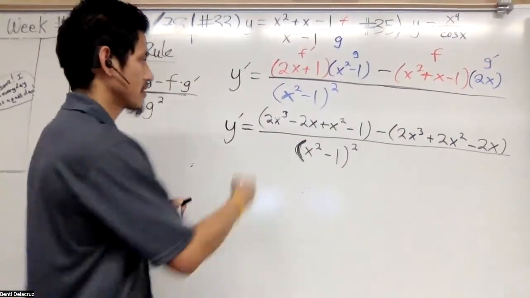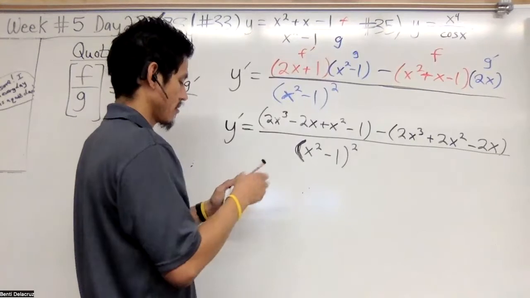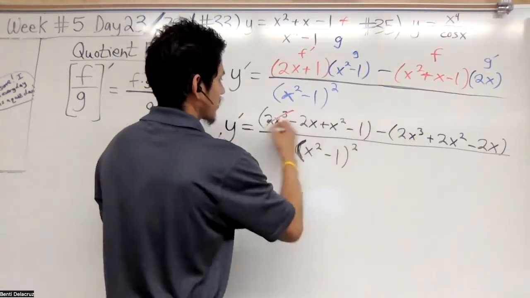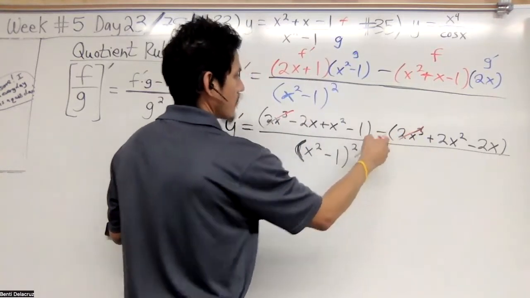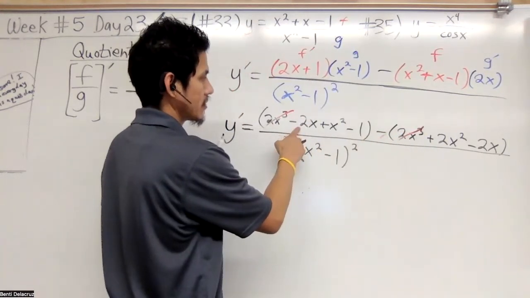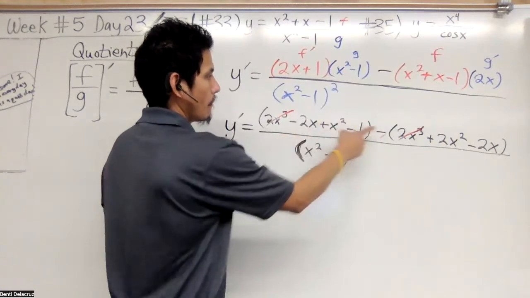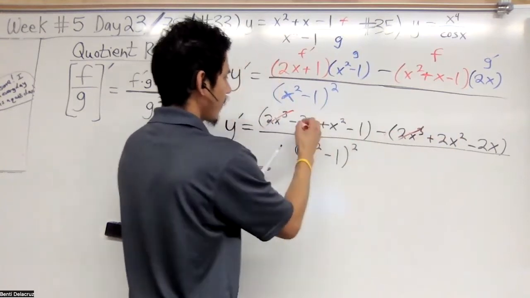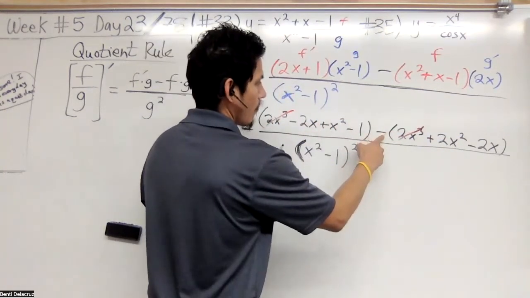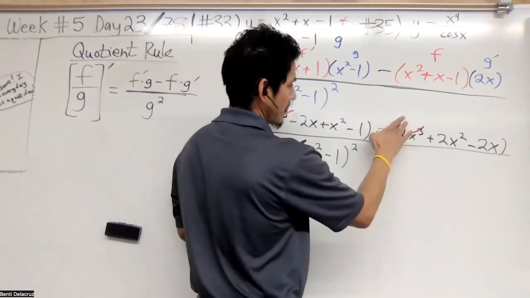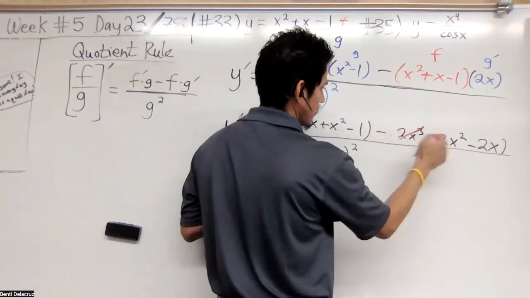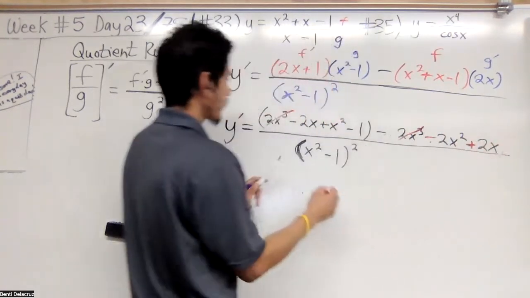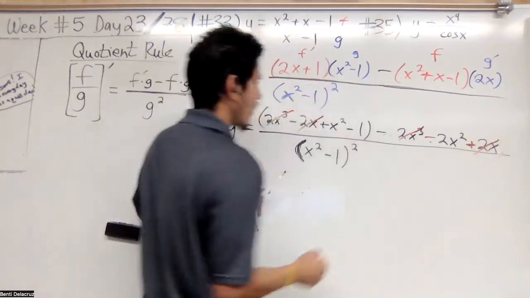And then, again, we can probably cancel a bunch of stuff here. So let's see what we got. We have a 2x cubed minus a 2x cubed here, because this negative is going to distribute. And so we have a minus 2x minus a minus 2x, so then that'll make a plus 2x, and you can see that this will cancel with that.